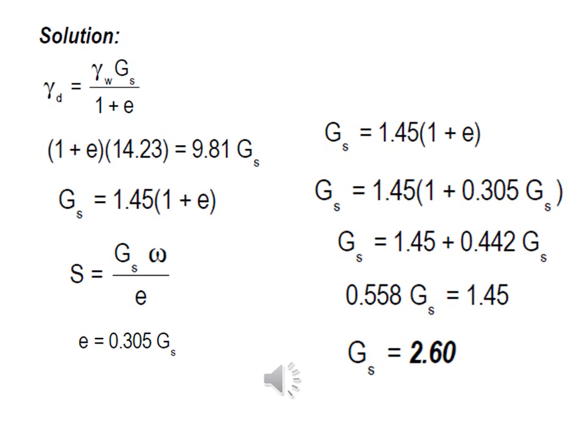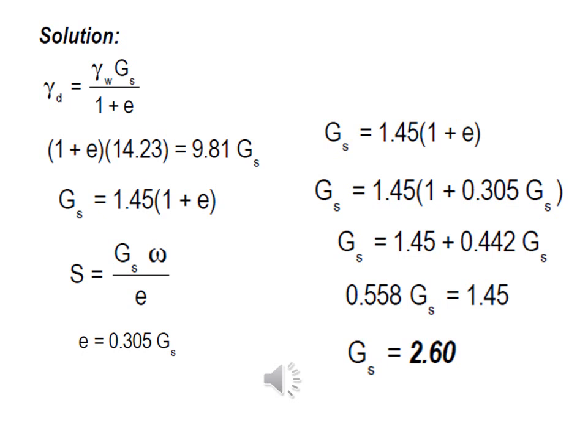Simplified for Gs in terms of e, we have Gs equals 1.45 times 1 plus e. And then recall again the formula for saturation, S equals Gs w divided by e. And then we compute the value of e in terms of Gs.